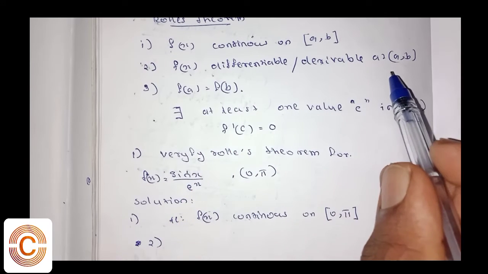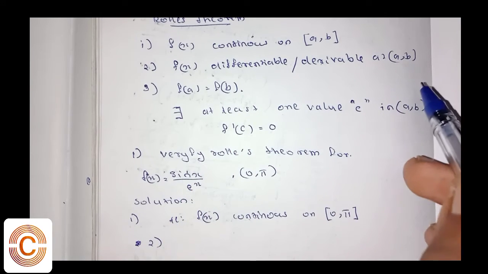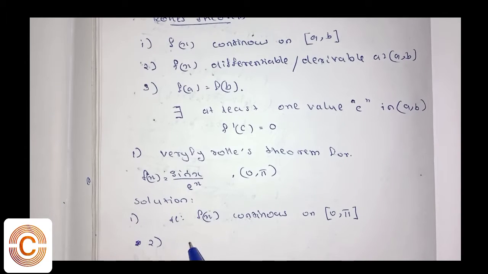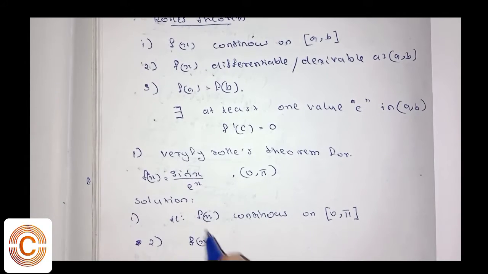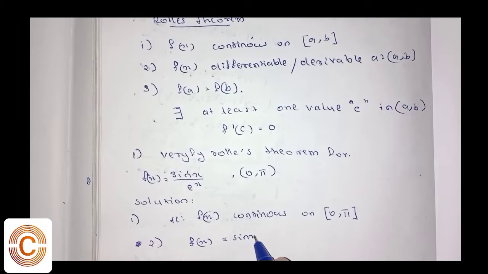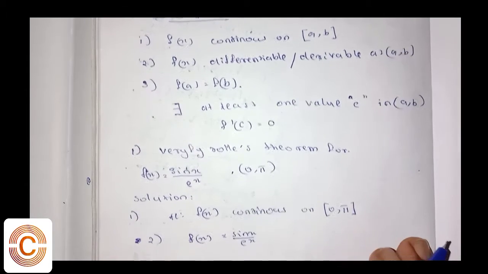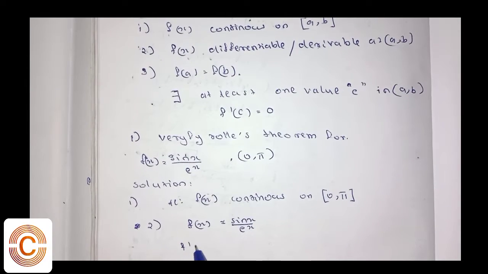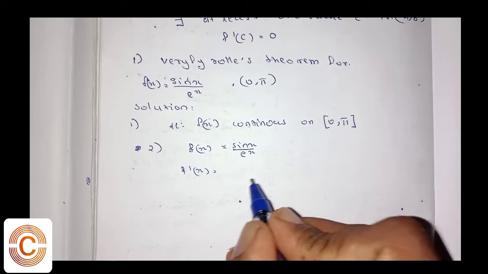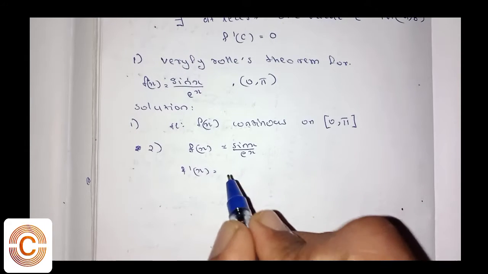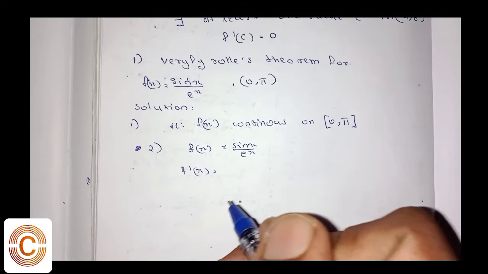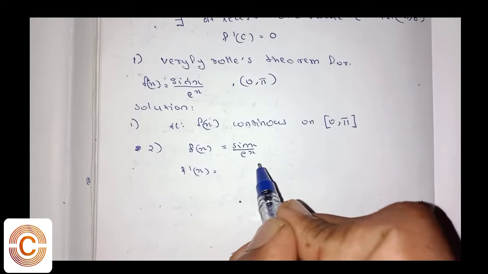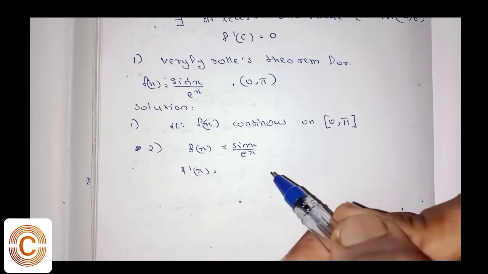f of x must be differentiable or derivable on the open interval (a, b). We know the function f of x is sin x divided by e raised to x. So when finding f dash of x here, we can use the quotient rule. We find the derivative of sin x divided by e raised to x using the quotient rule.